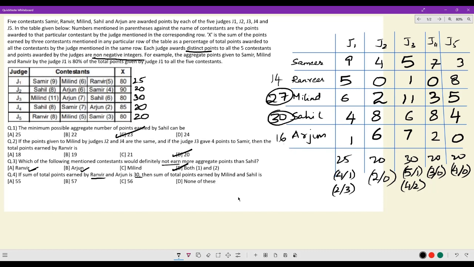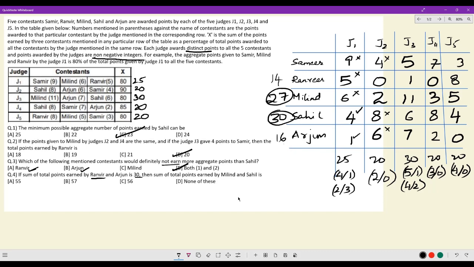So Milind and Sahil will now have, I hope I haven't made a mistake, because 1 and 4, Sameer, Milind, Ranveer, these were fixed. The next one, Sahil, Arjun, Sameer. This was fixed.